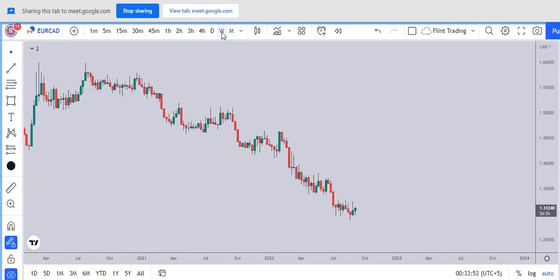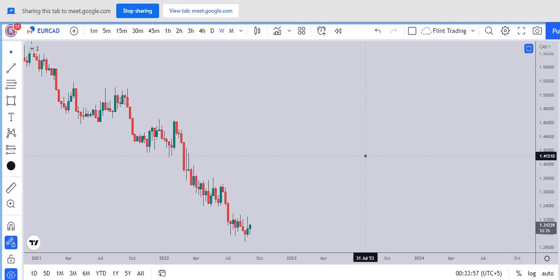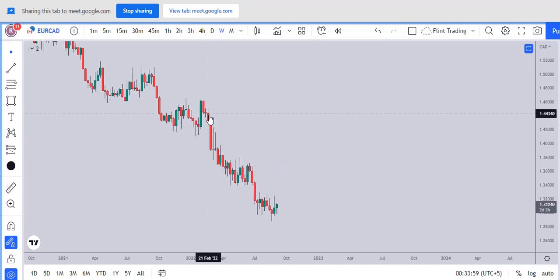Let me go to the weekly, and here you will see the price was having good momentum, but it started to get weaker and weaker as price was pushing downside, because we have consolidation right there. This was a good momentum.